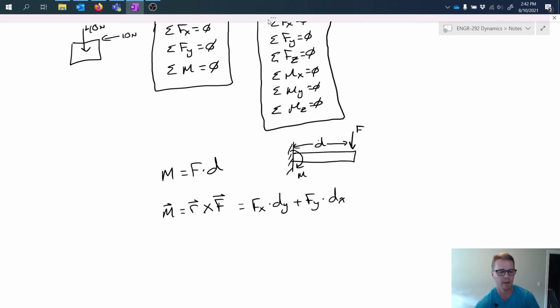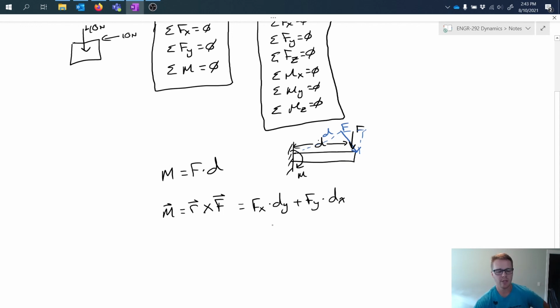So if, for example, my force vector looked more like this at an angle, then I would need to know the perpendicular distance, which I could still do f times d if I knew this perpendicular distance, the blue letter d there, or I would break this force into x and y components, and then I would know the distances between those things in the x and y directions as well.